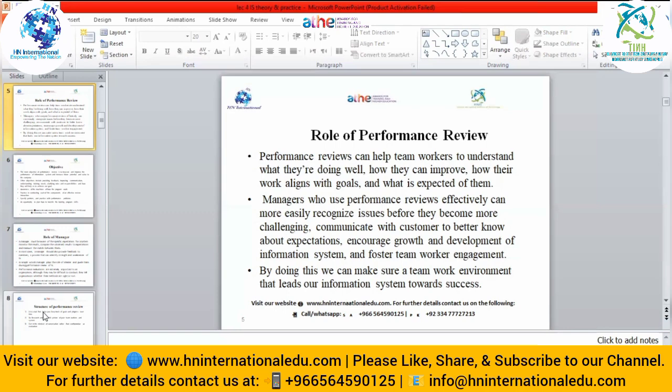By doing this, we can make sure that the teamwork environment leads our information system towards success. We will overcome all the weaknesses of our organization, and by overcoming these negative areas, we can improve the performance, and by improving our performance, we can lead our information system towards success. We can avoid failure.